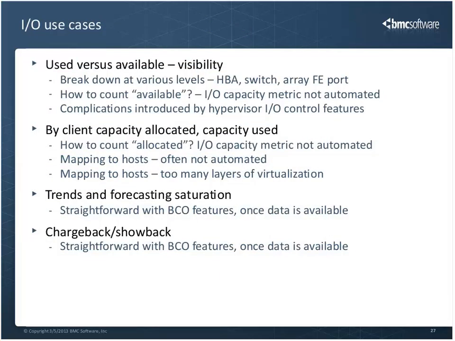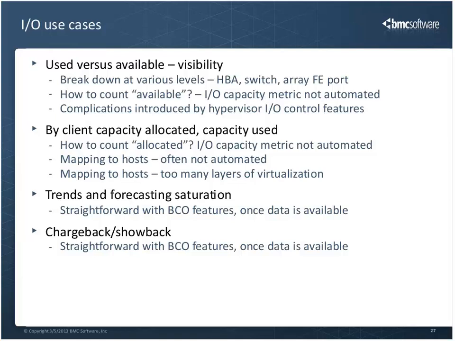We so far looked at storage space, but there are also I/O use cases. These I would consider a little bit more advanced because I/O is notoriously difficult to track down, especially with these many levels of virtualization. But what people want to see is used versus available visibility, just like you do for space.